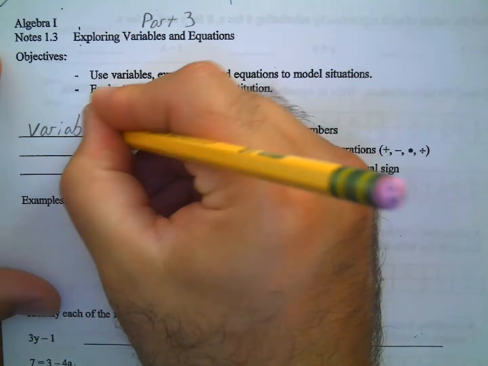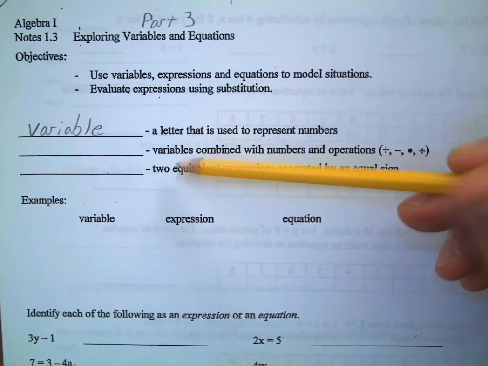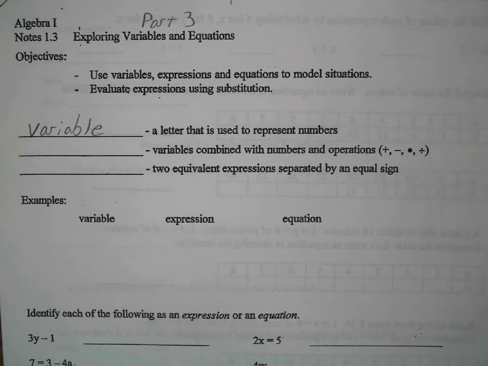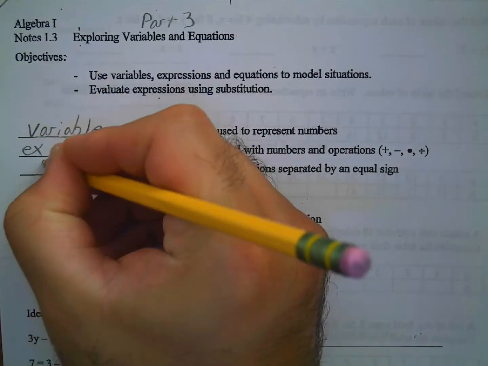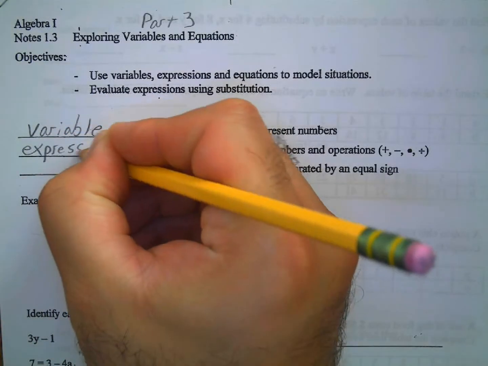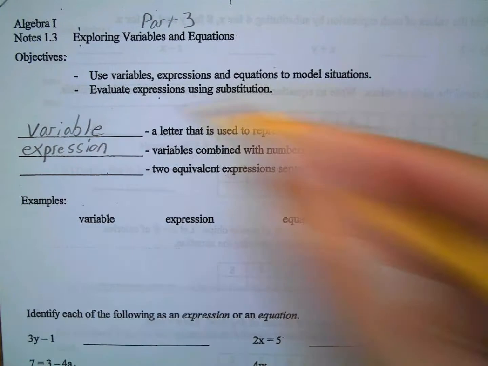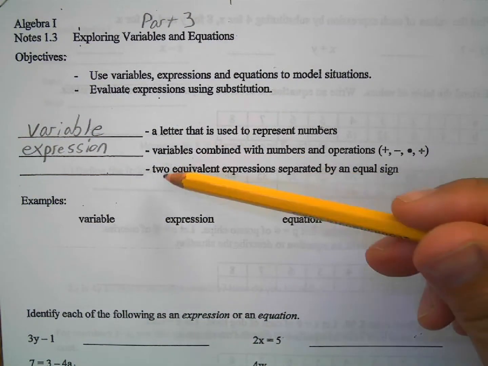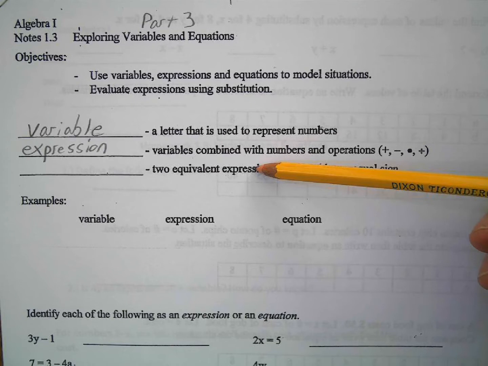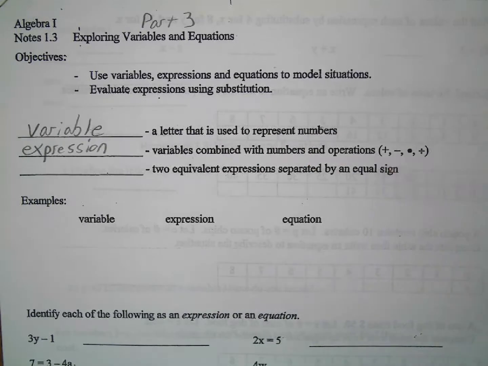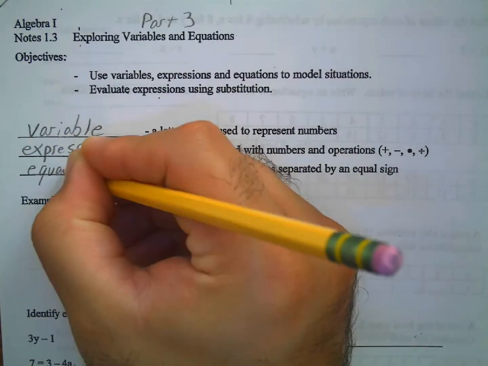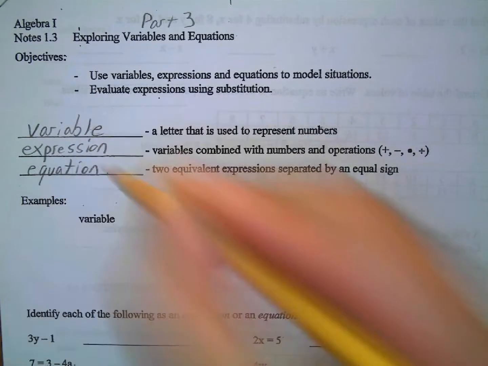Now, when variables are combined with numbers and operations like plus, minus, times, and divide, we call this an expression. And then when we have an equal sign, two equivalent expressions separated by an equal sign, we call this an equation. So anytime there's an equal sign, we have an equation.